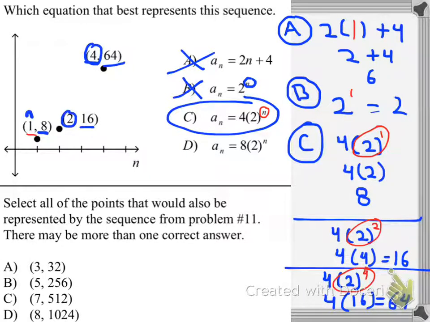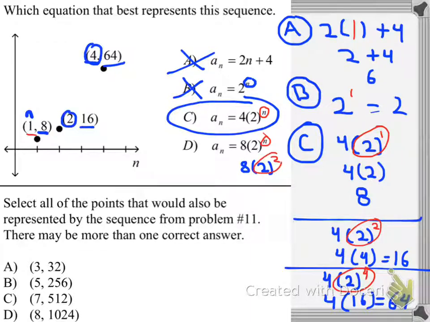Now, if you want to double check, you can plug in a 2 for letter D. That gives you 8 multiplied by 2 to the power of 2, where the n is a 2.